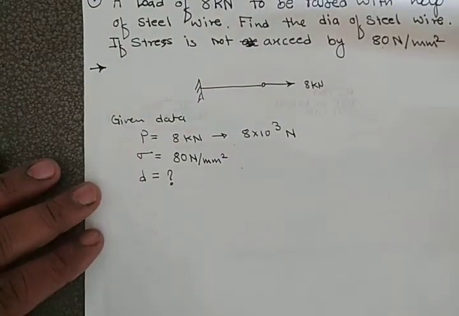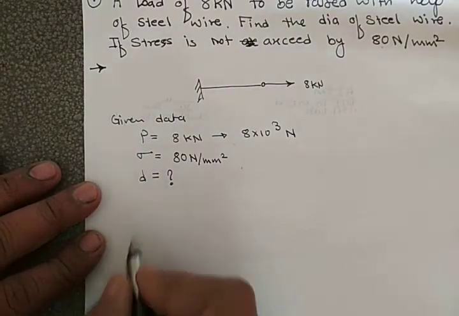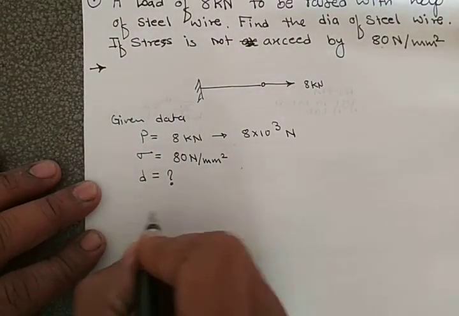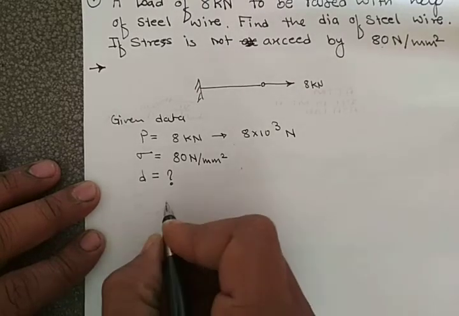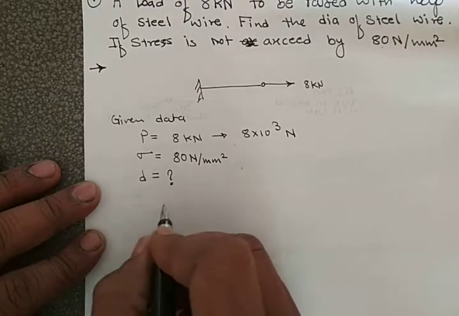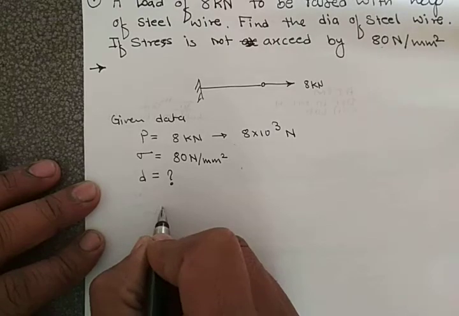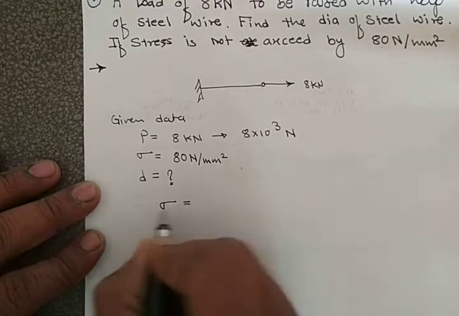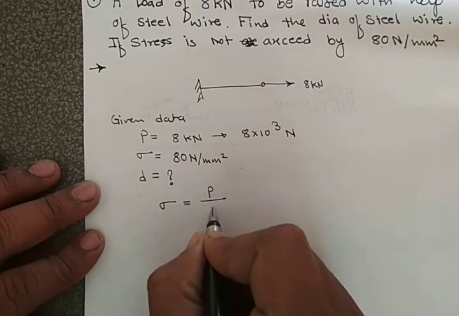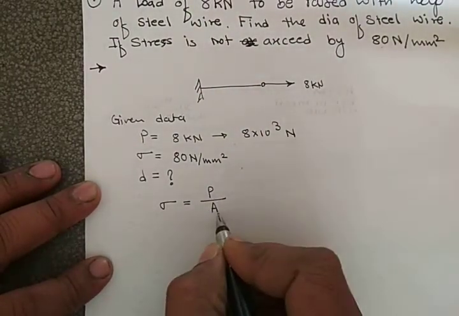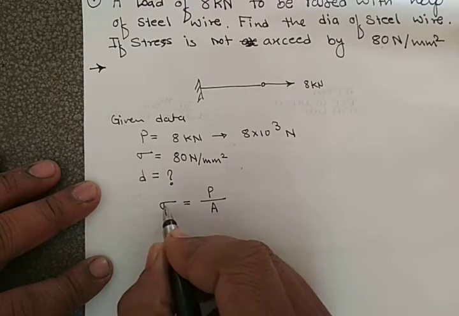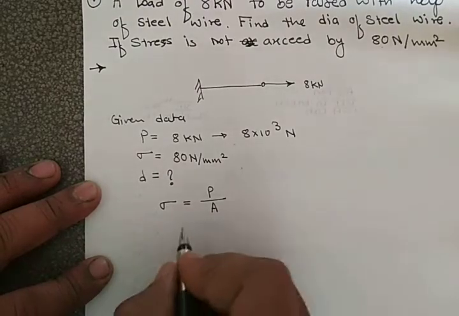Now, as we have solved some problems before, what is the change in length equation? Or else we can take the stress formula. What is the stress formula? Sigma equals P by A. Now, P is load, A is nothing but area, and sigma is nothing but stress.